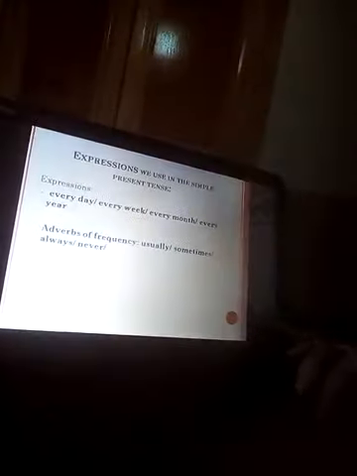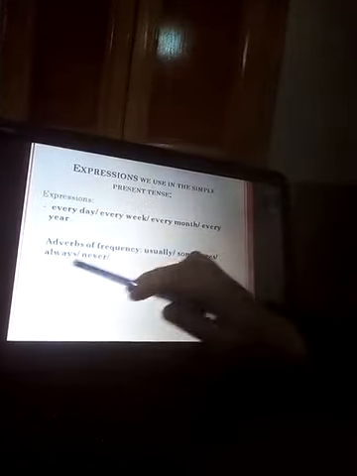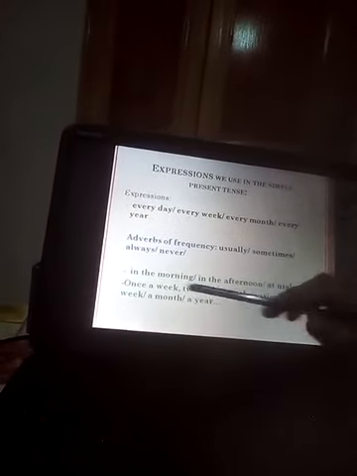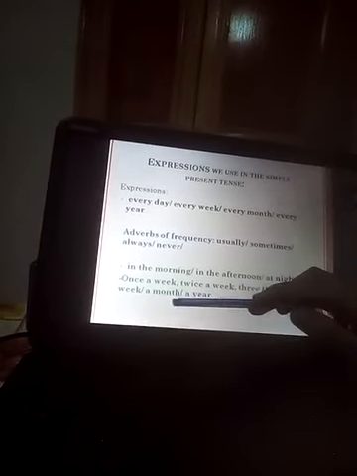Now, when we have adverbs of frequency like usually, sometimes, always, never, we use the simple present tense. When we have in the morning, in the afternoon, at night, once a week, twice a week, 3 times a week, a month, a year, we use the simple present tense.